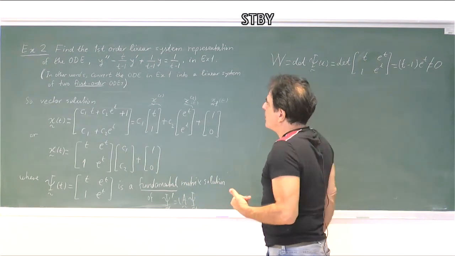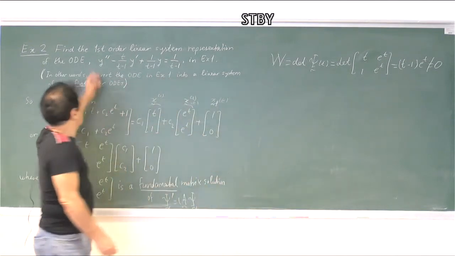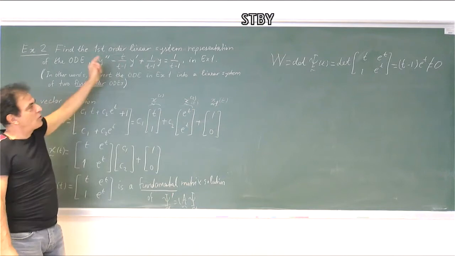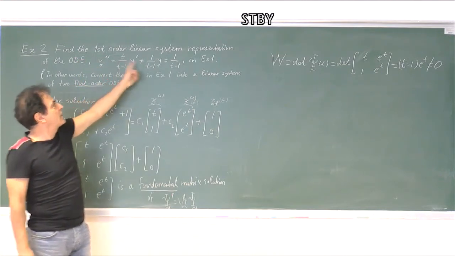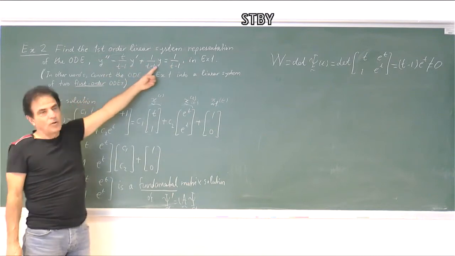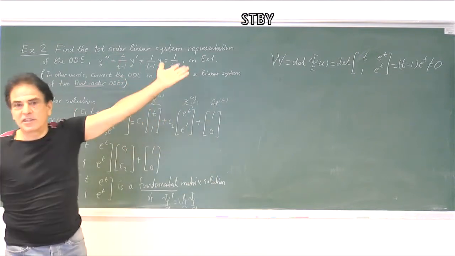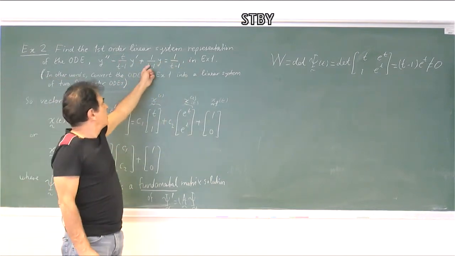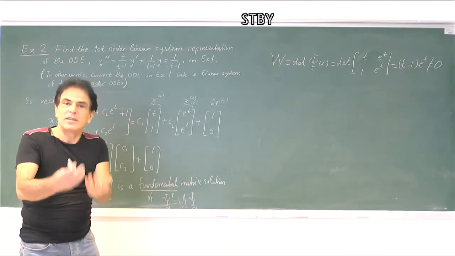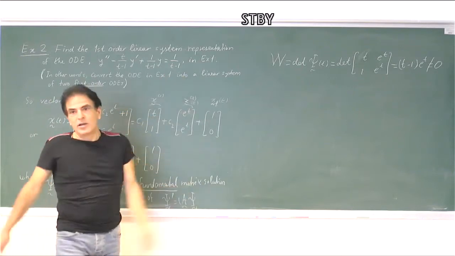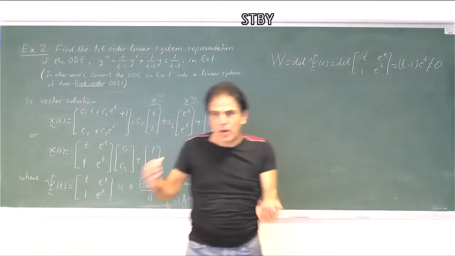So as you see, there is a one-to-one correspondence between the system representation and this single second-order ODE, in the sense that if we find the solution of either the system or the linear higher-order ODE, we can find the solution of the other.